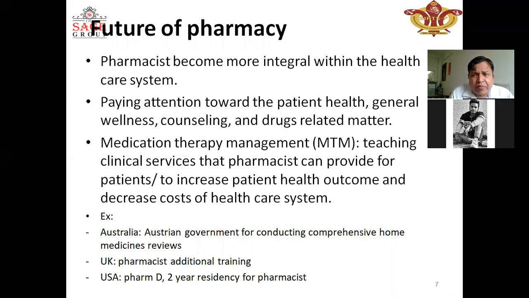Now, the future of pharmacy. Pharmacies become more integral within the healthcare system, paying attention towards patient health, general wellness, counseling, and drug-related matters.